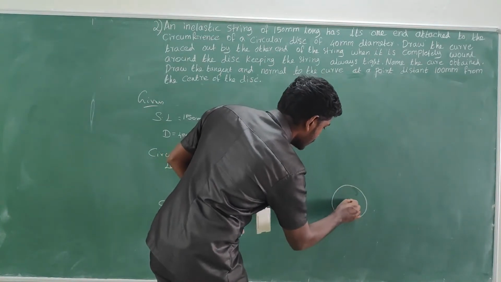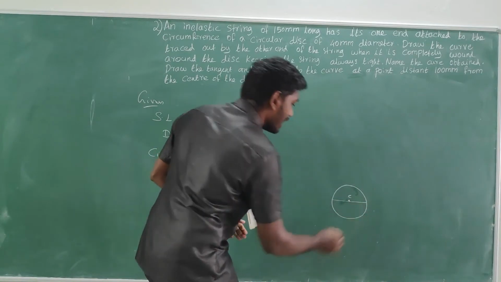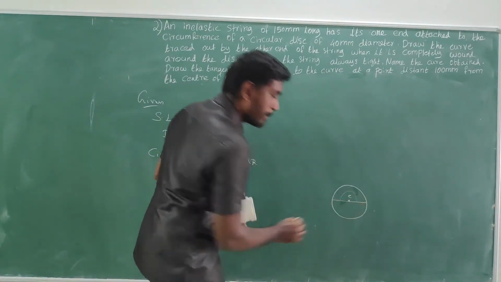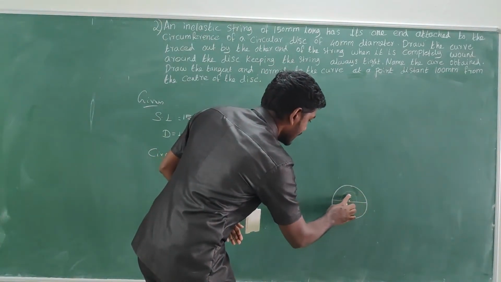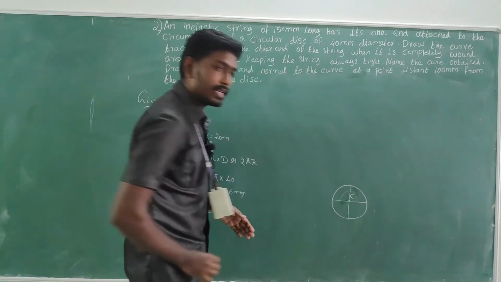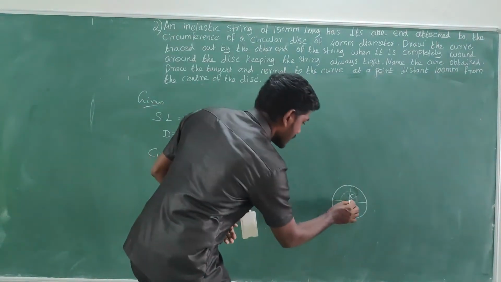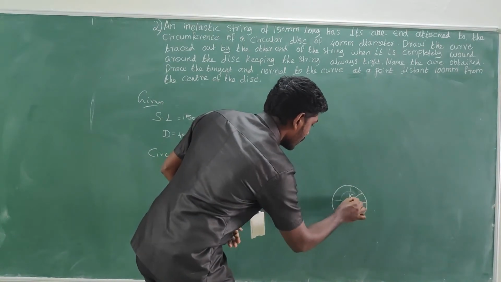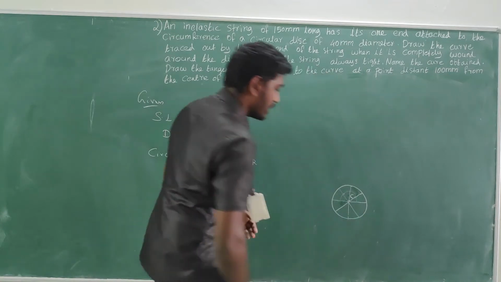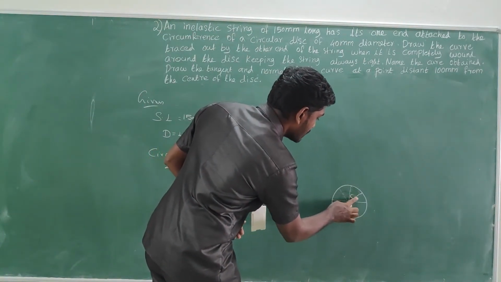For that, take the center and draw a horizontal line through it. Then place your protractor, take 90 degrees and draw a line through the center, then read 45 degrees on both sides and draw lines, so that the circle is divided into 8 equal parts.